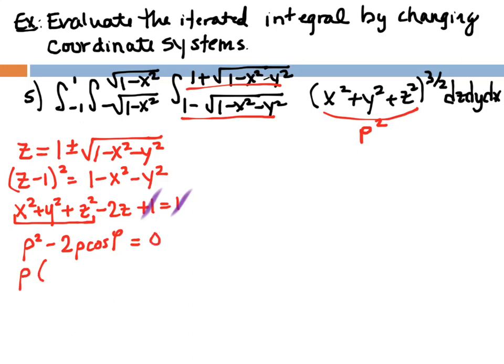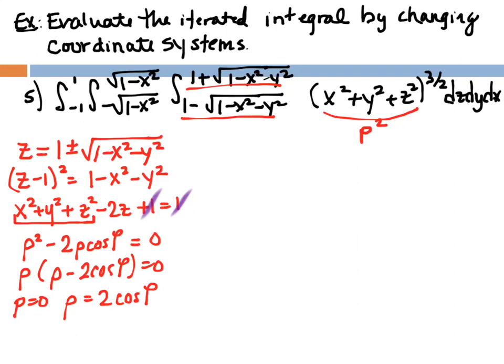And we can take our rho value and factor, so we have rho times (rho minus 2 cosine phi). So my rho goes from 0 to 2 cosine of phi. So those are my limits of integration on rho. So that's my innermost limit of integration, actually.